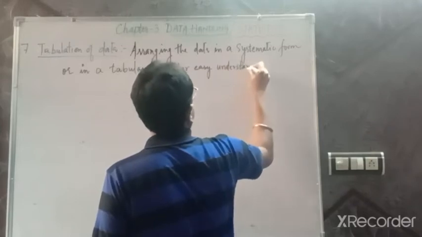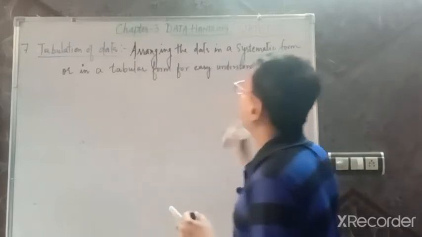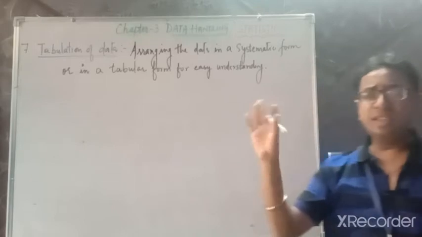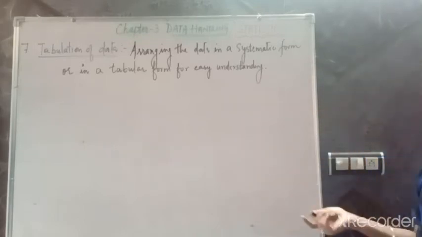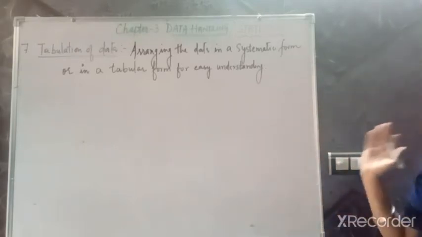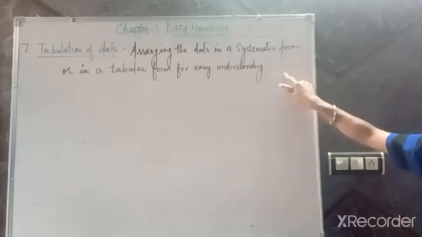Are we clear? The definition itself is very clear: arranging the data in a systematic form or in a tabular form for easy understanding.